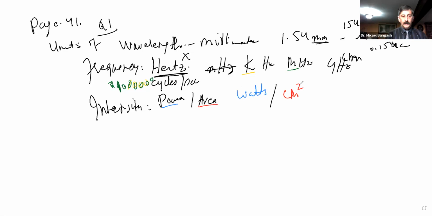Now, as far as watts are concerned, we can have fractions of a watt. For instance, you may have what you can call a milliwatt, which is the thousandth of a watt. You can also have multiples of a watt, for instance kilowatts, which is equal to 1,000 watts.